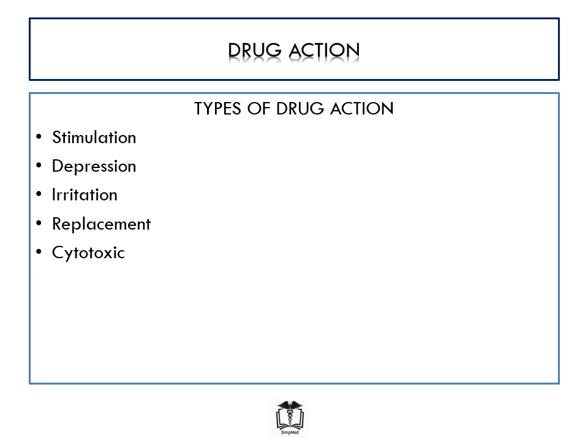What drugs do is that they either enhance, depress, replace, or destroy pre-existing functions already in the body. And this is captured by the fact that we have five types of drug action. These types of drug action include stimulation, depression, irritation, replacement, and cytotoxicity.